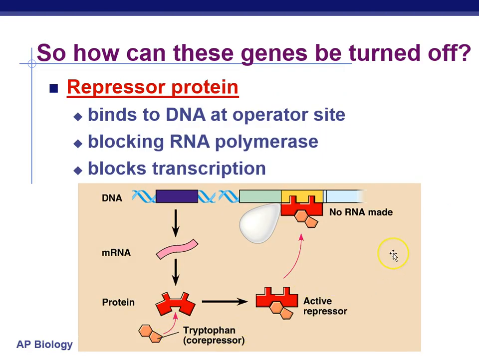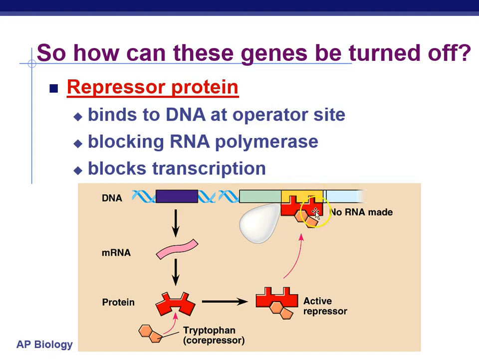All right, let's look at the repressor protein a little more closely. As you can see here, again, this yellow object here with the notches, that was our operator. And the red thing is our repressor protein. As we can see, the repressor protein is shaped just right in order to bind into the operator.